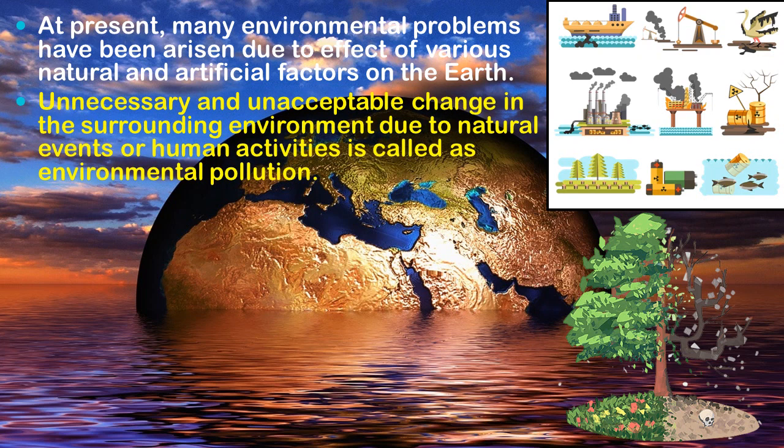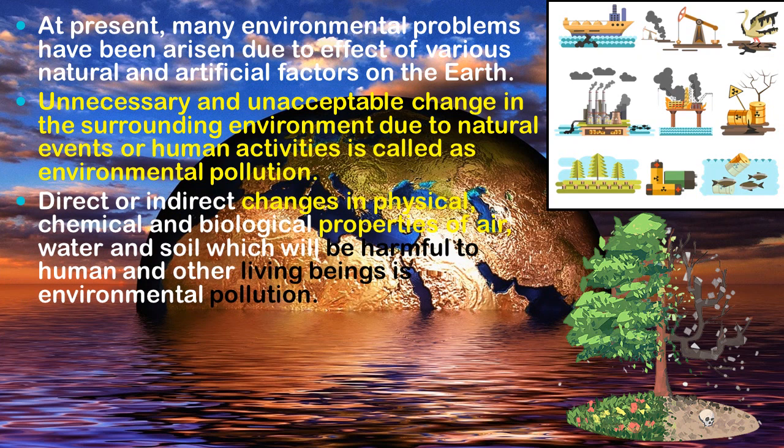And an unnecessary and unacceptable change in the surrounding environment due to natural events or human activity is called environmental pollution. It means if the environment is getting harmed due to natural or man-made activities, this is called environmental pollution. That is, direct or indirect changes in physical, chemical and biological properties of air, water and soil which are harmful to humans and other living beings is environmental pollution.